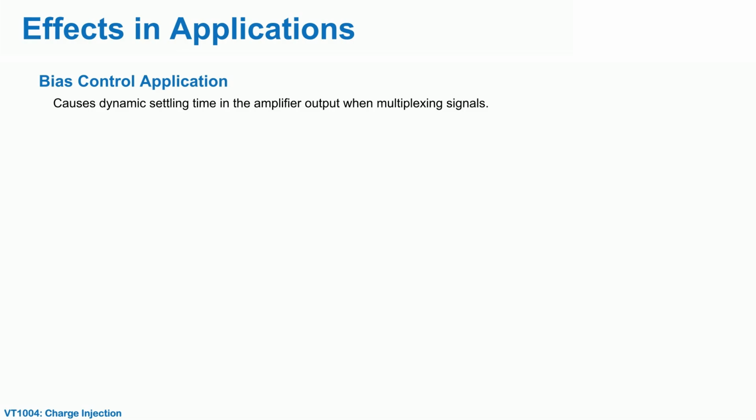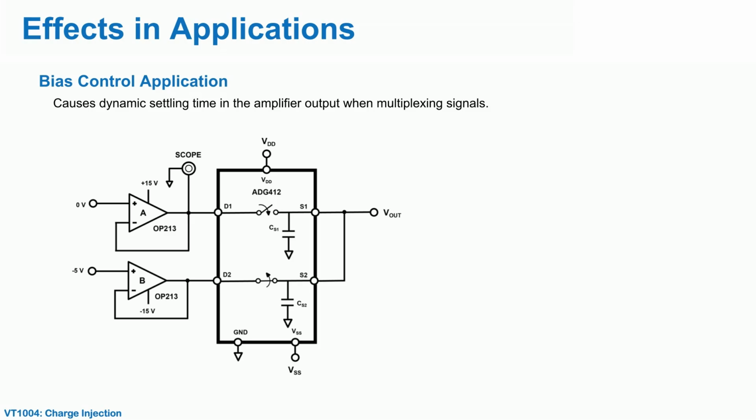This retained charge can cause transients in the switch output as shown in the figure below. Assume that S2 is initially closed and S1 is open. CS1 and CS2 are both charged to -5 volts.